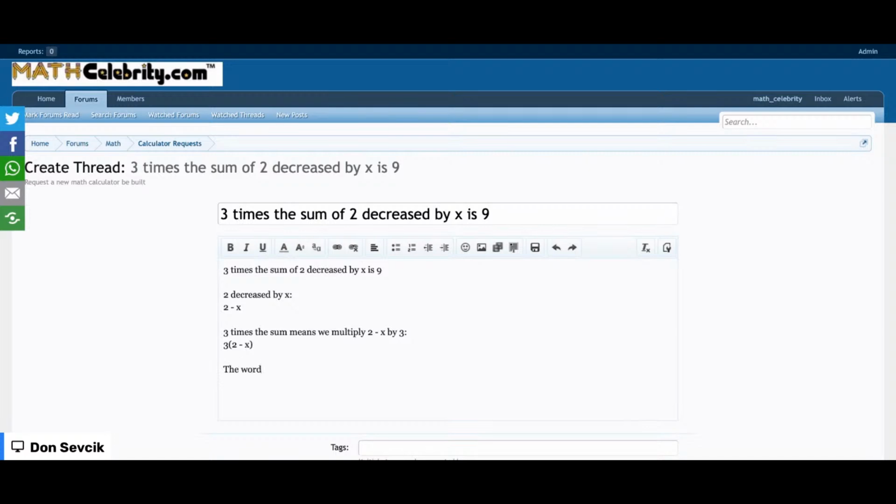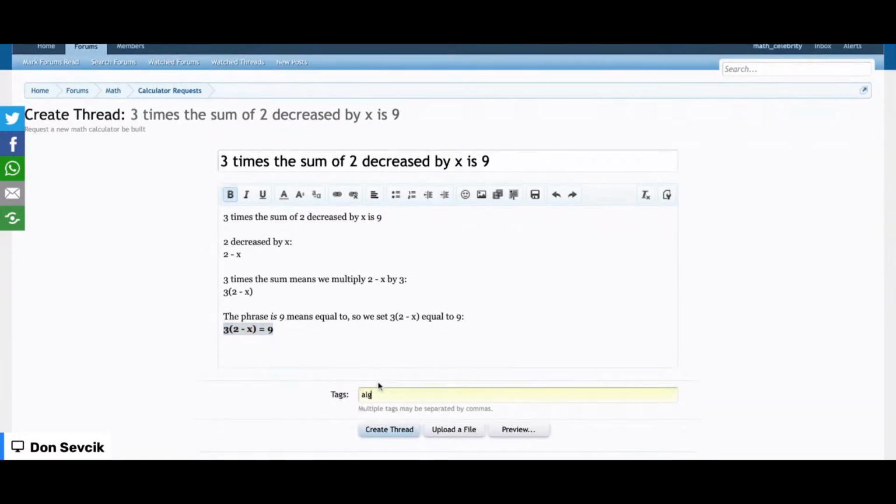The word phrase "is" means equal to. So we set 3 times (2 minus x) equal to 9. And I'm just going to drop this down here. Equal sign, and this, my friends, is our algebraic expression.